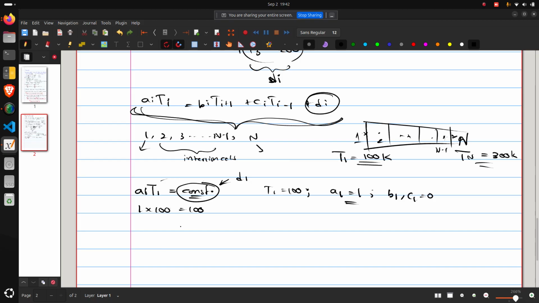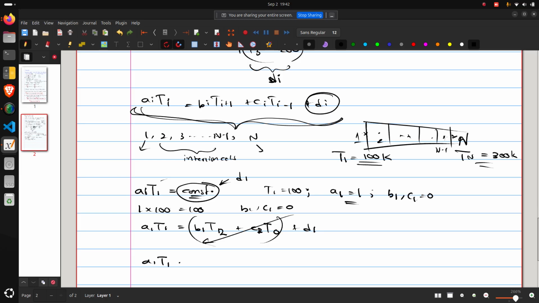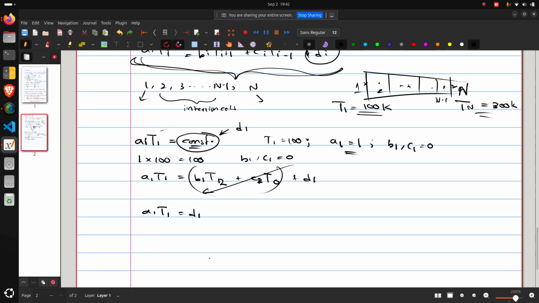So if we arrange this equation, t1 is equal to b1 t2 plus c1 t0 plus d1. So these things we don't need. We have b1 and c1 equal to 0, and we are only left with a1 t1 equal to d1.